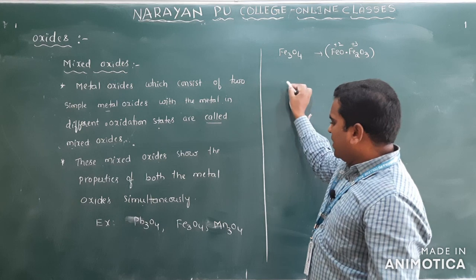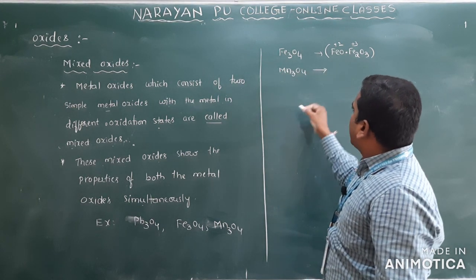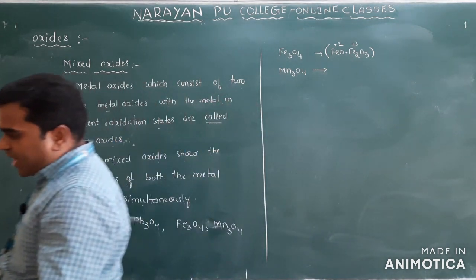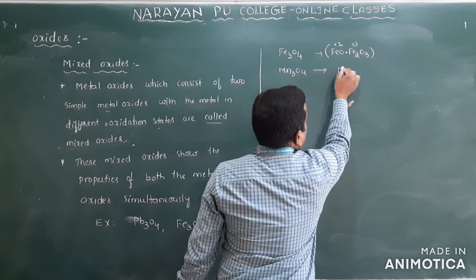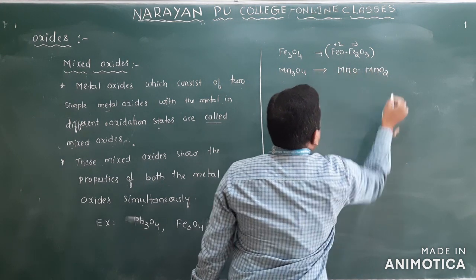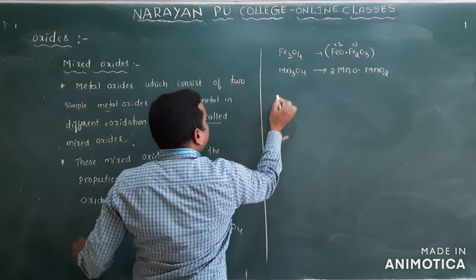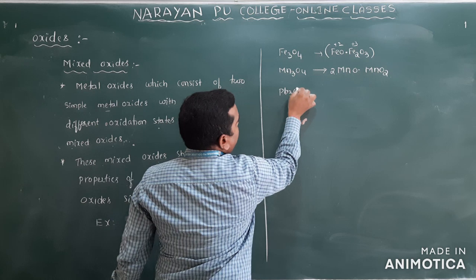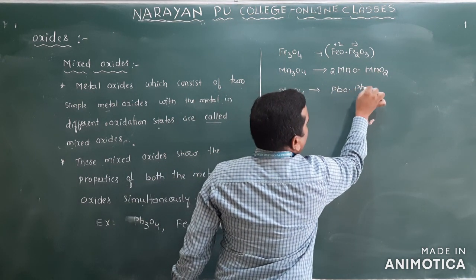In the same way, Mn3O4 is MnO plus MnO2, so MnO here is 2 moles. In the same way, Pb3O4 is also a mixed oxide, PbO and PbO2.